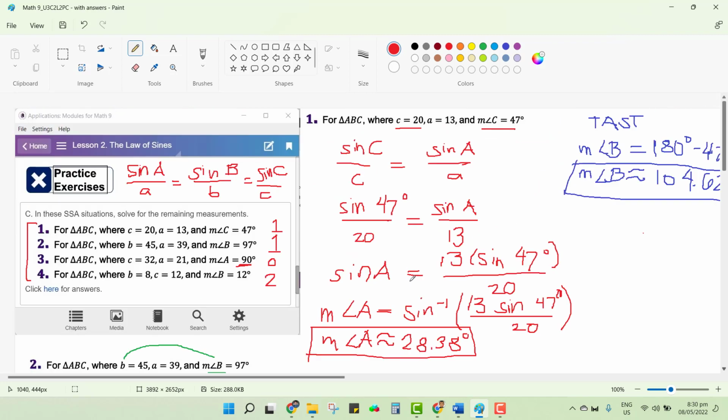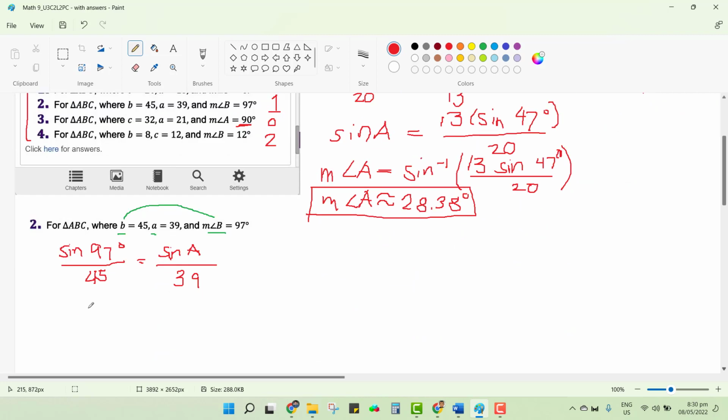Same thing with number 1. We are looking for an angle in this pattern, so we're going to use the sine inverse. But first, let's manipulate this. Using the symmetric property in the fundamental law of proportion, sine A is actually 39 times sine 97 degrees all over 45.